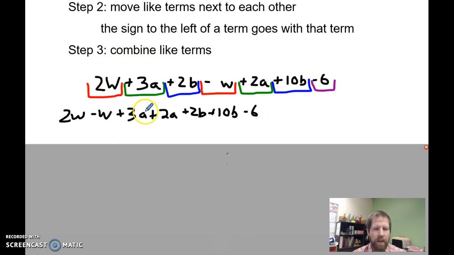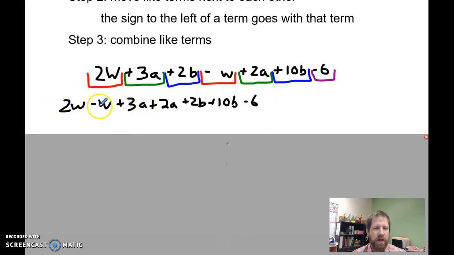Now it's pretty easy. You can just add your like terms. If your variable doesn't have a number by it, it's a 1.